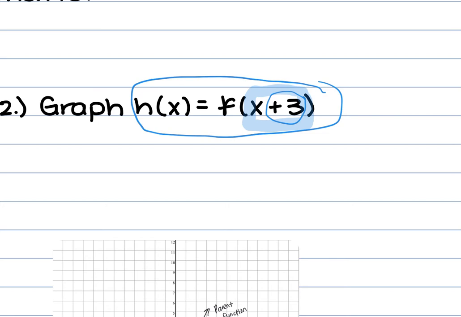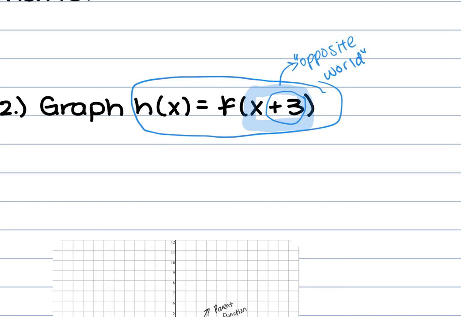Now, I want you to draw a little box around the x, the plus, and the 3. I'm going to show you guys a little trick. This area in between the parentheses, think of it as its own little world. And we call that world opposite world. Now, how opposite world works is anything that happens in opposite world, it's not going to be what you think.